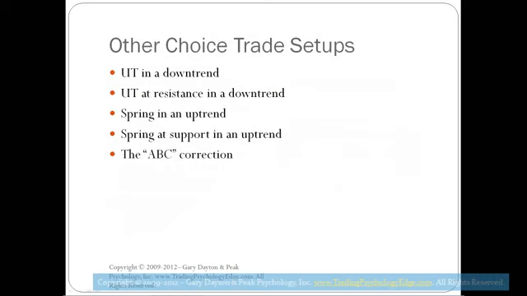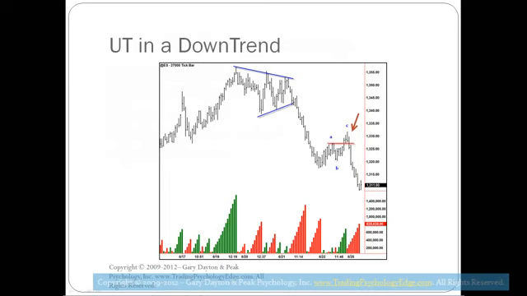All right, let's take a look at some other choice trade setups. I think they're pretty close to gold. We've seen them before. I've introduced them before, but let's just take a look. Here was Friday, ended right at the arrow here.